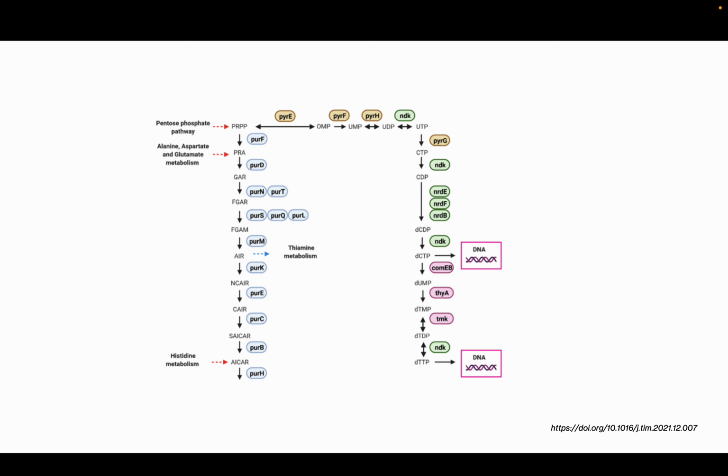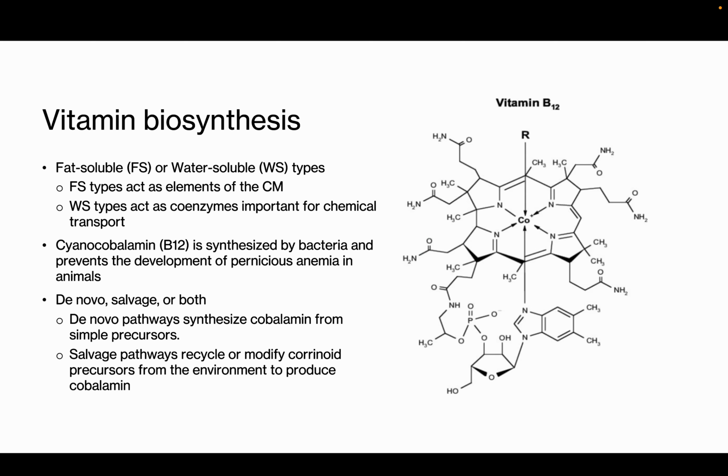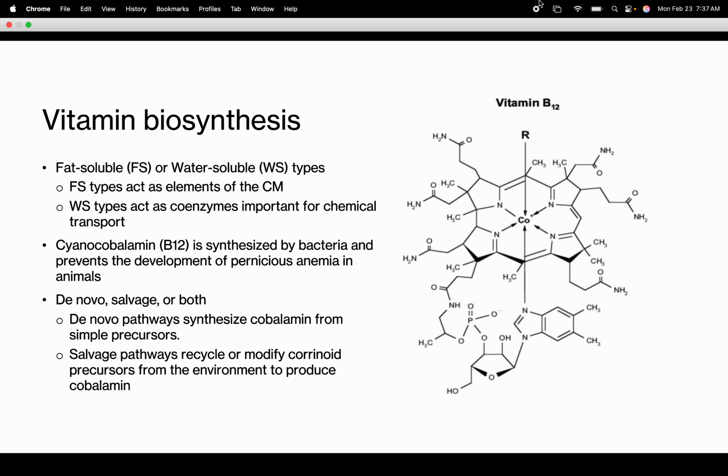So UMP now can feed towards the branch point for the synthesis of your pyrimidines, your cytosine, uracil, and thymine. Okay, right. So that's everything for nucleotide biosynthesis.